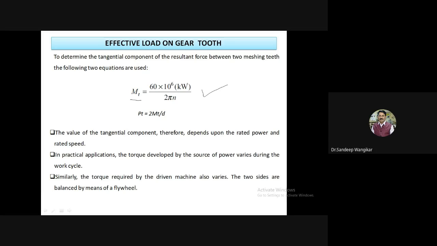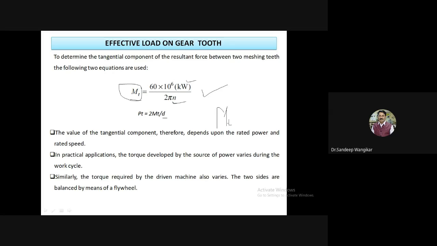If the power in kilowatts and n in RPM are given to you, then by putting these two values you can easily calculate M_t, the torque, in Newton millimeter. Based on this torque, P_t, the tangential force, is equal to 2 M_t by d.